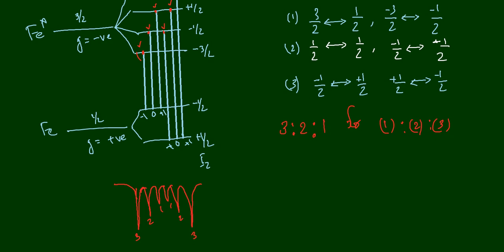If we calculate the internal magnetic field from this Mössbauer spectrum, it comes to around 20 to 50 Tesla.